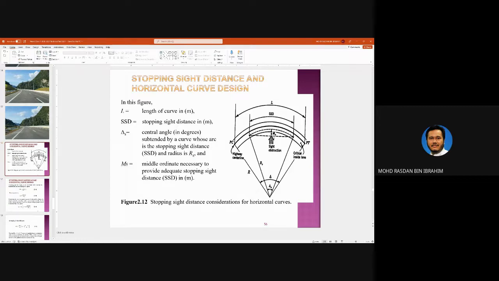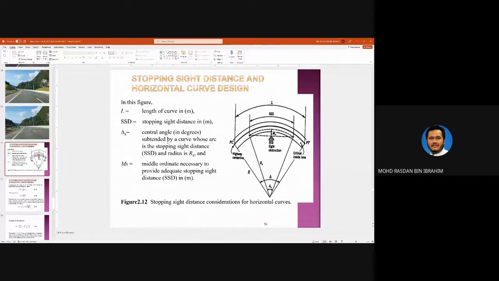So you have the amount of delta here, delta S, the central angle, and then you have MS, which I told you about earlier. This is the most critical element in this diagram.